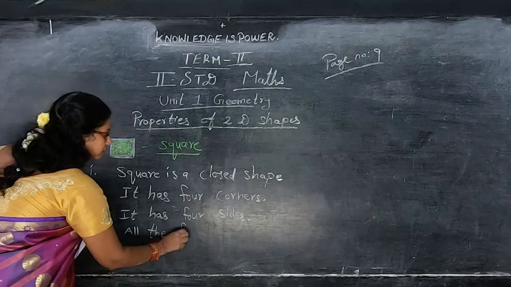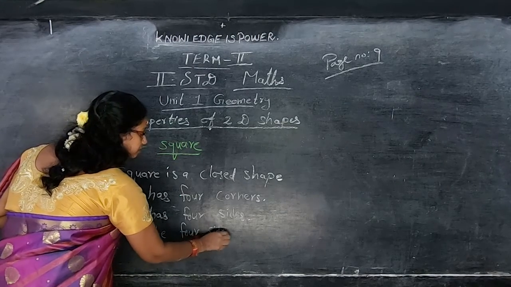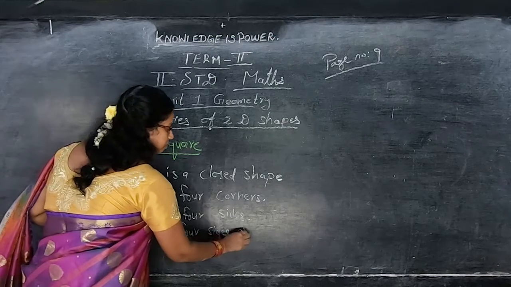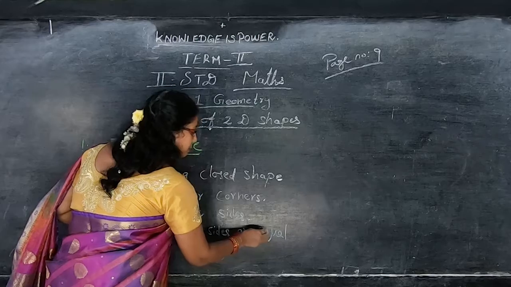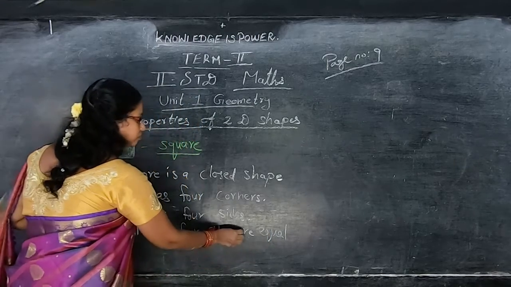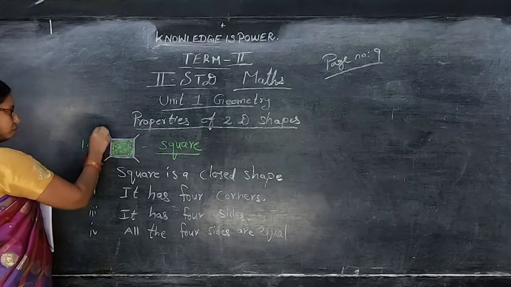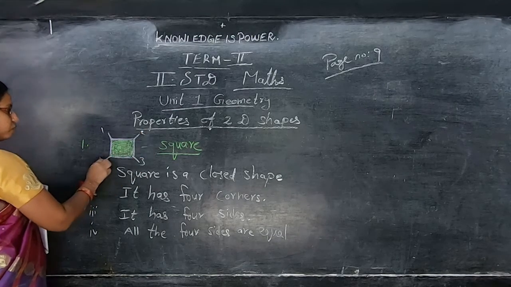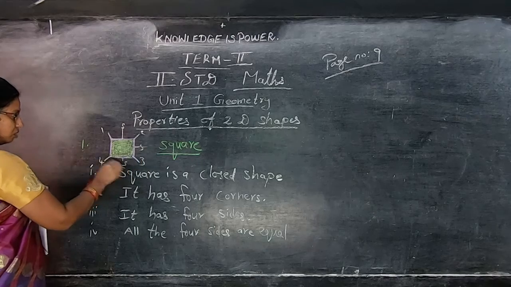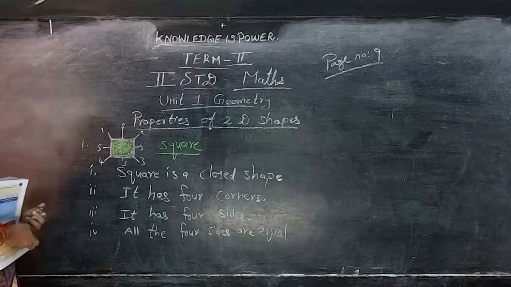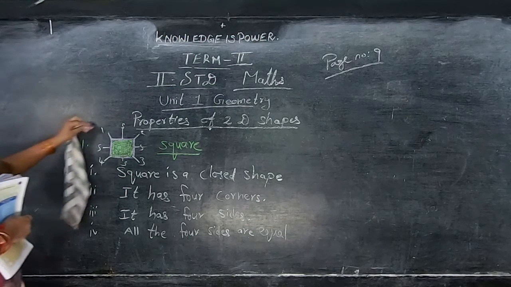Equal means all the sides will be exactly the same. See here, corners: 1, 2, 3, 4 corners. Sides: 1, 2, 3, 4 sides. Okay children, 4 sides and 4 corners.